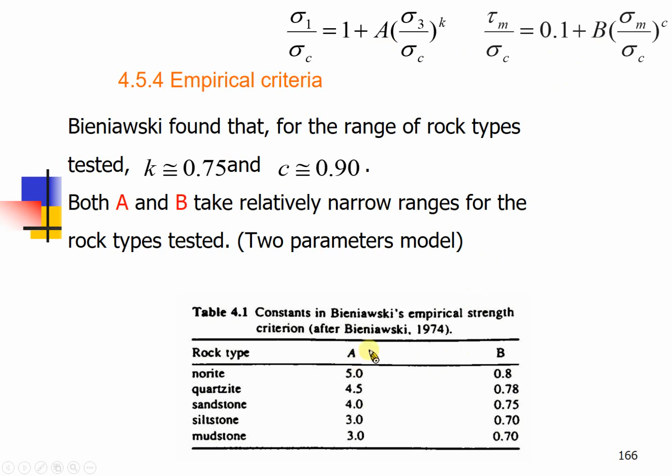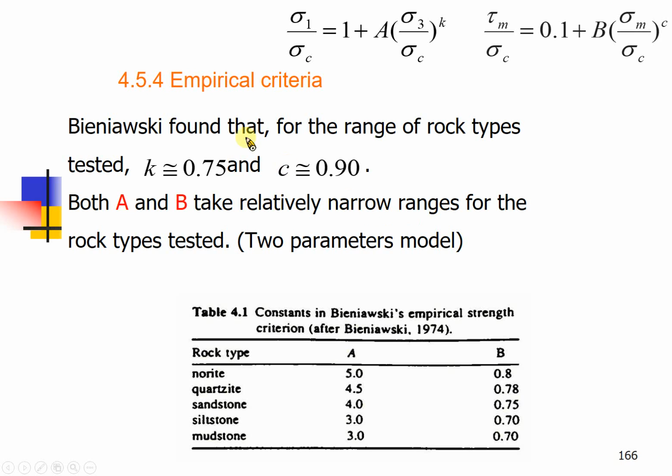So for different lithology, you will have a different A. For different lithology, you will have a different B. Okay? So A is for this equation, B is for this equation. K and C are not really relevant to the rock type in general. K is roughly equal to 0.75 and C equals 0.9. It's not really highly related to the lithology.